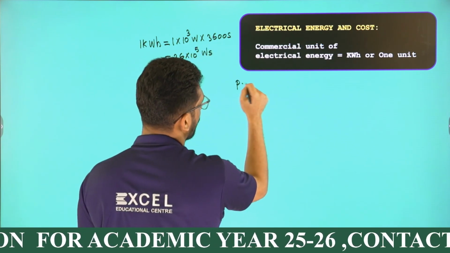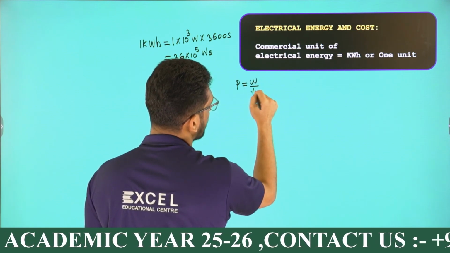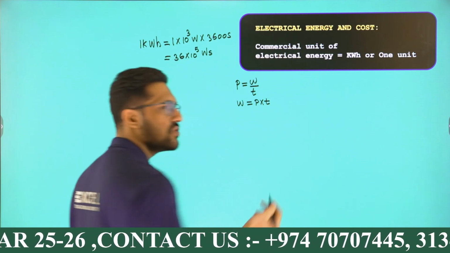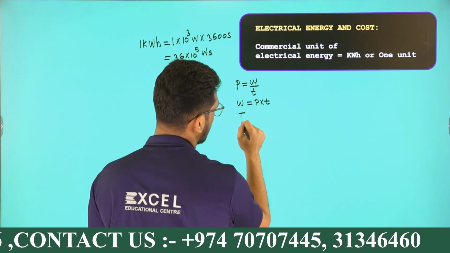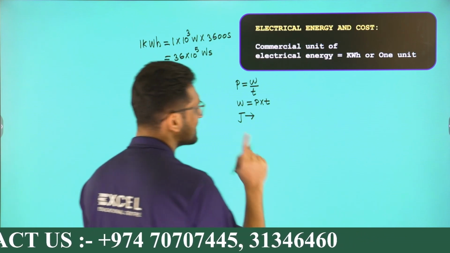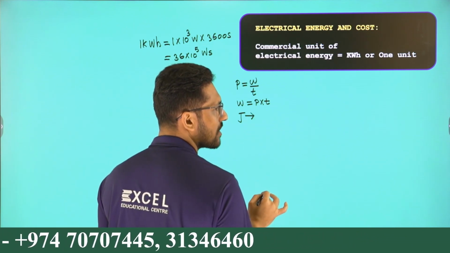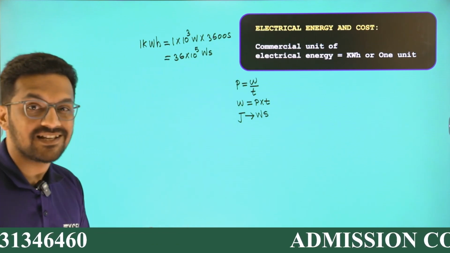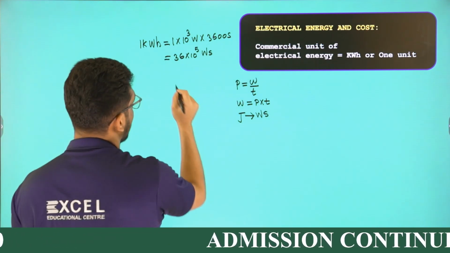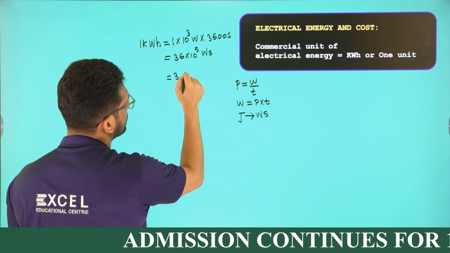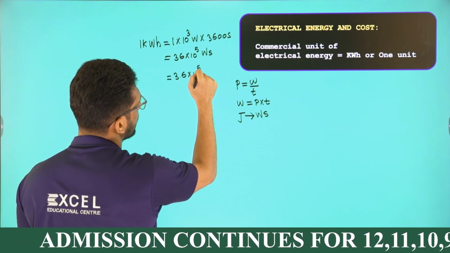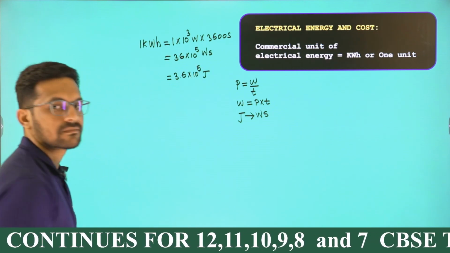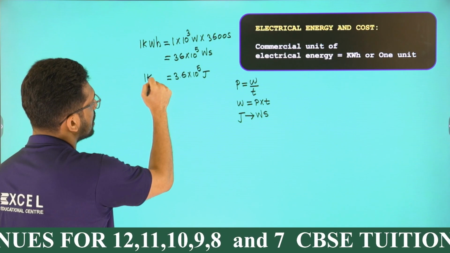Power is work divided by time, so work can be written as power into time. The unit for work is joule, the unit of power is watt, and the unit of time is second. So watt second is joule. In standard form it will be 3.6 into 10 raised to 6 joule. That will be 1 kilowatt hour.